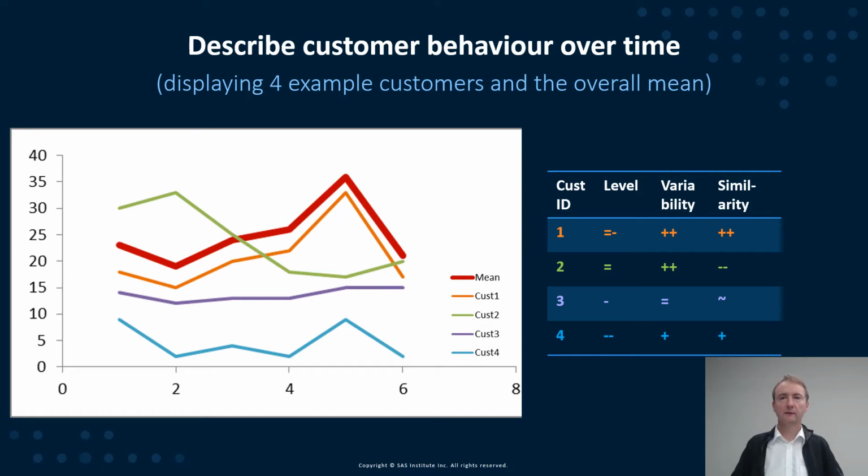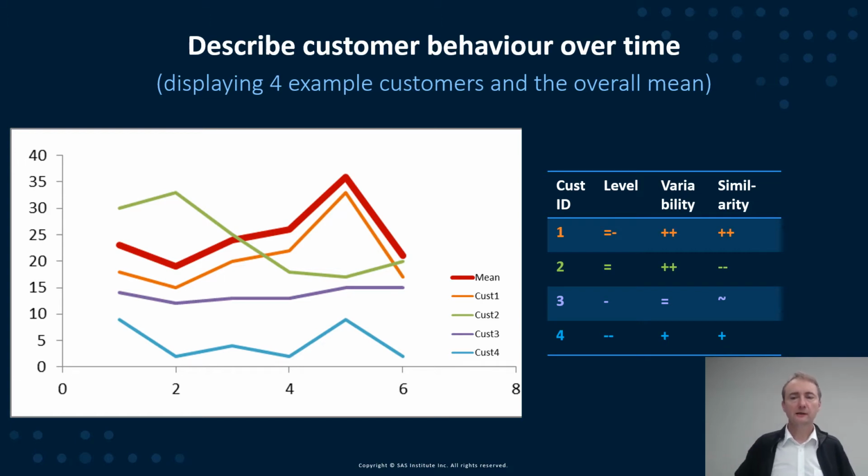So we would give him a double minus in terms of the similarity. We see that customer number 3 has almost no similarity, something in between. And customer number 4, the blue customer, has some similarity with the overall mean, but not a strong one, like for example customer number 1.